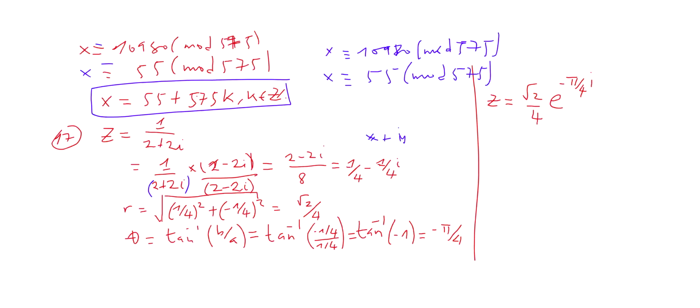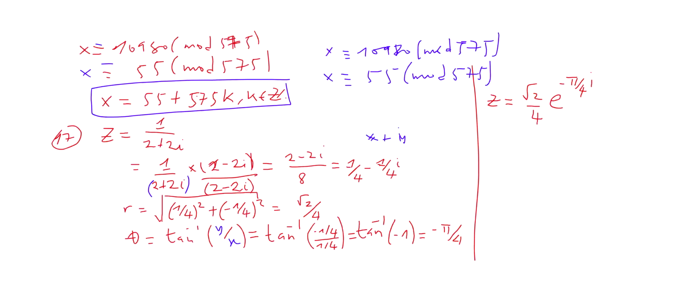The theta is nothing but the tan inverse of y over x, or you can say b over a, whichever way you want to call it. This really means it's the tan inverse of minus 1 over 4 over 1 over 4, which gives us the tan inverse of minus 1, which is equal to minus pi over 4.